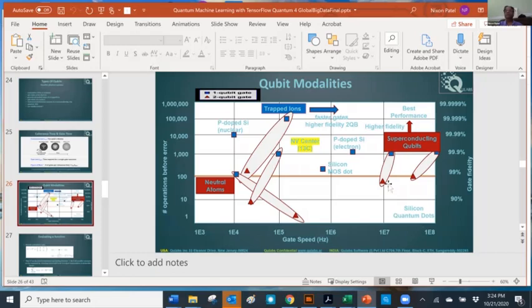It shows where each stands in terms of the number of gates and operations that can be done before decoherence happens. So you want to be in the topmost right side. This gives you some idea of the technologies that are available.